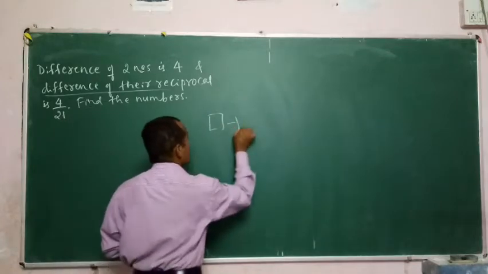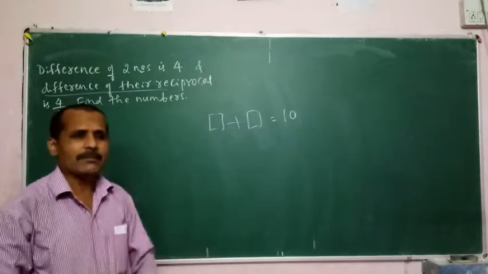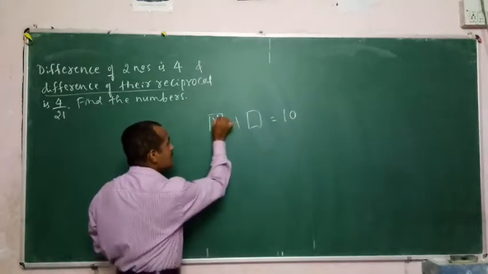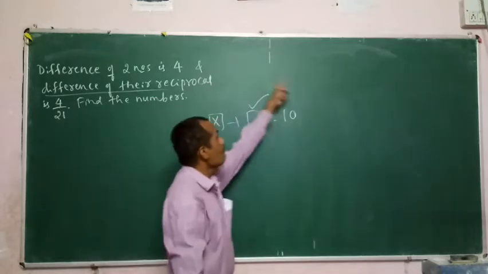If I say sum of two numbers is 10, just let me give you some idea about this. Sum of two numbers is 10, and if one number is x, what about the second number? It is 10 minus x.